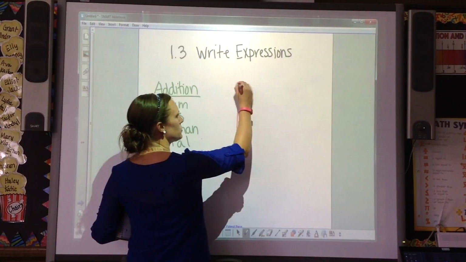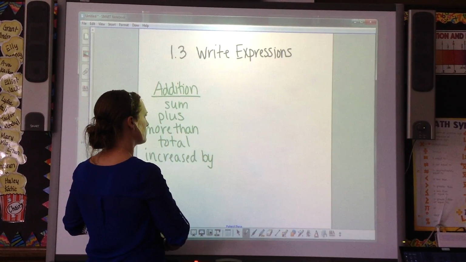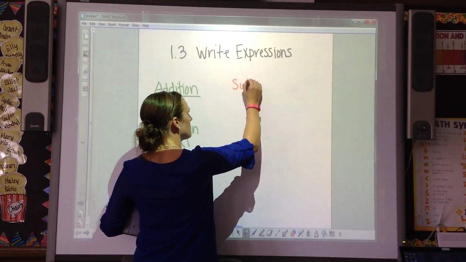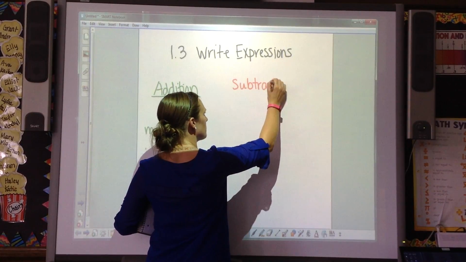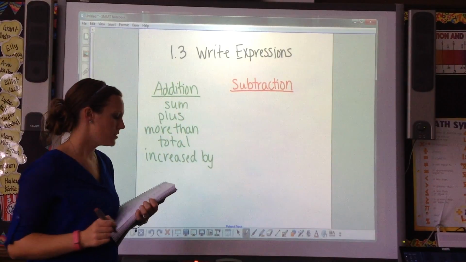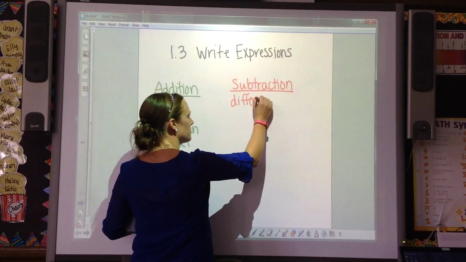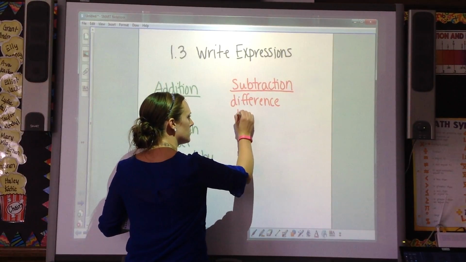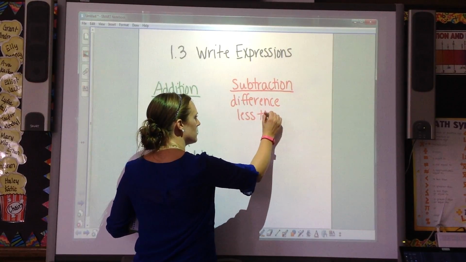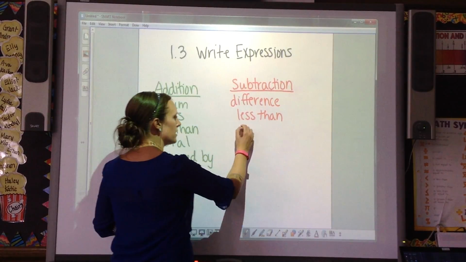Let's make a list for subtraction. Difference, less than, minus, decreased by.